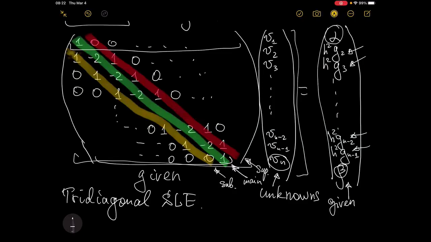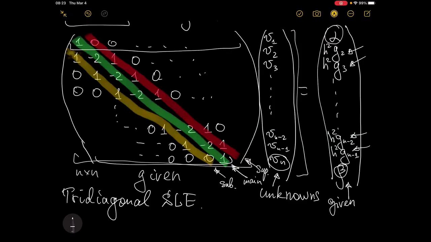and use forward and backward substitutions to solve the system. First of all, you can see that you don't need to store the full coefficients matrix, because all you need are these 3 diagonals, right? Only they are not equal to 0. As a result, it decreases your storage. If this is an n by n matrix, how many entries do you need to store the main diagonal?